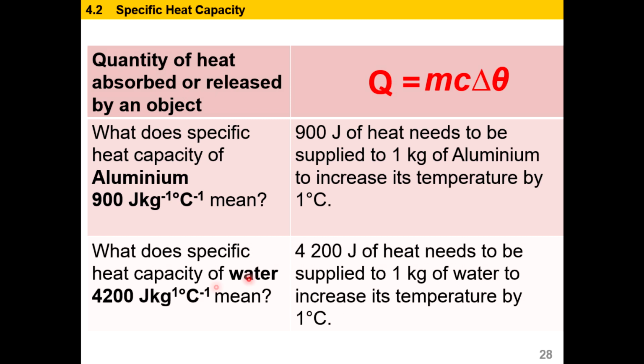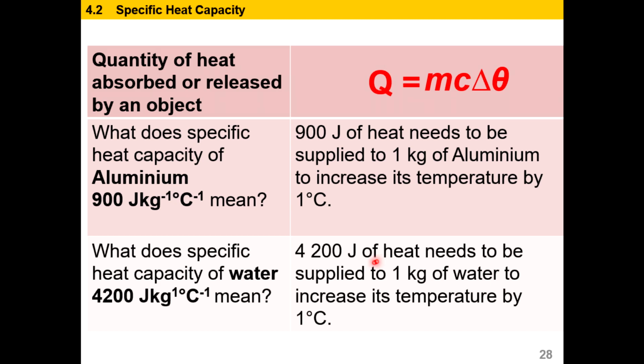And then water has the specific heat capacity of 4200 joule per kg per degree Celsius. So what does it mean? It means that if you have 1 kg of water, to increase the temperature of water by 1 degree Celsius, the water needs to absorb 4200 joule of heat energy.